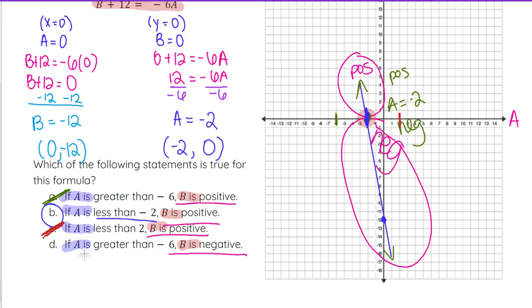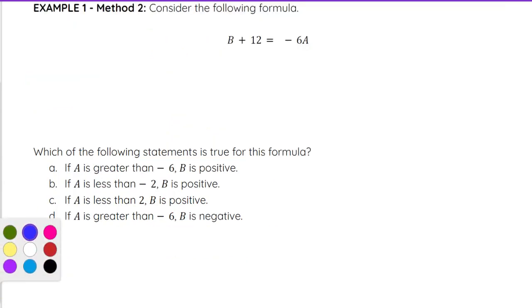And then D, if A is greater than -6, looking again at -6, again, that is not the turning point. So we're going to have a mixture of positive and negative values. So again, that's another partially correct answer. So B is correct because it's referring to that turning point and it's an absolute 100% correct answer.